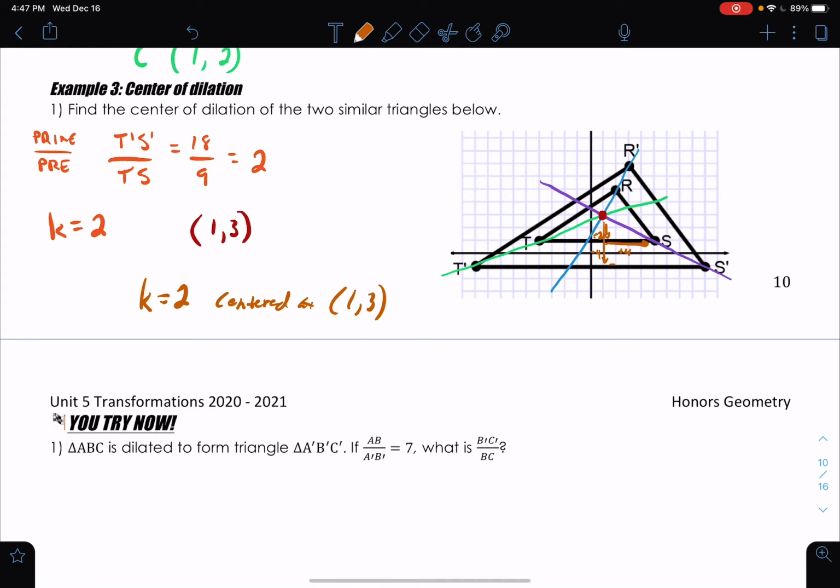To the right, 1, 2, 3, 4, 5, 6, 7, 8. All right, so from down 2 to the right 4 to down 4 to the right 8, those rates of change are doubling. Okay, the change in y and the change in x are both doubling. That checks out because of my scale factor of 2.